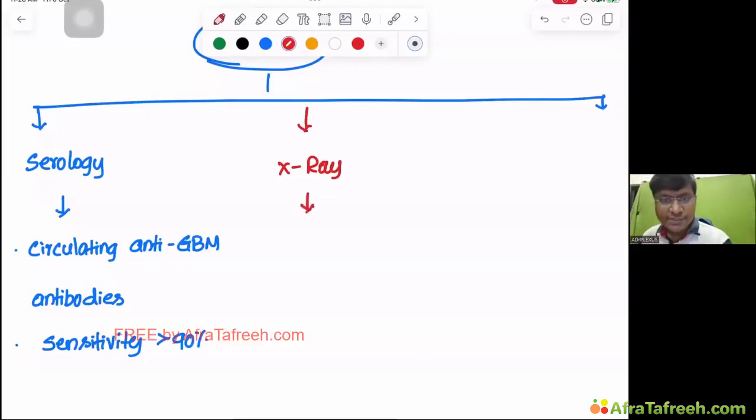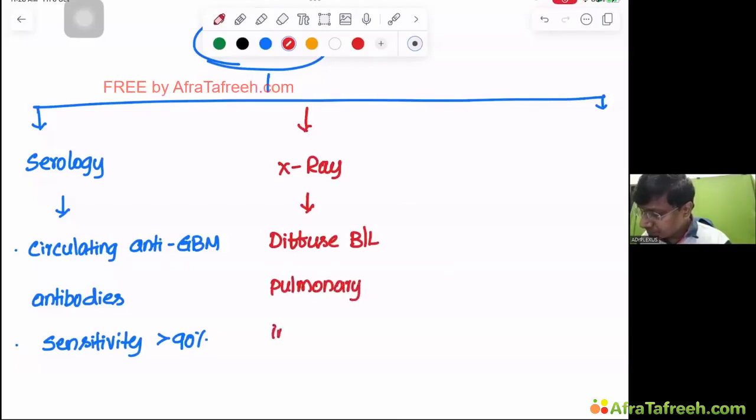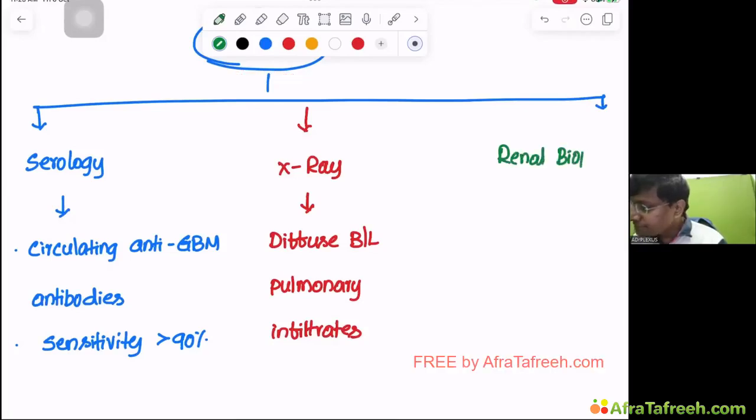X-ray shows diffuse bilateral pulmonary infiltrates. Then, what is the investigation of choice? The gold standard will be renal biopsy. Okay, that's the gold standard investigation.